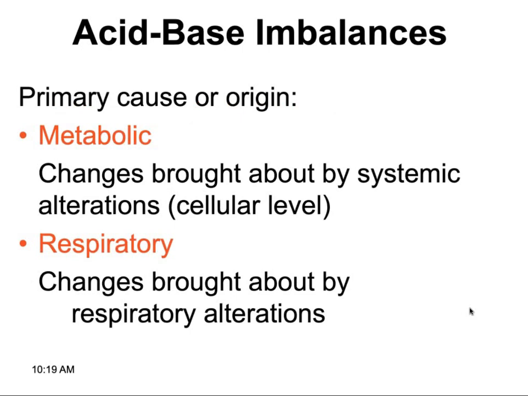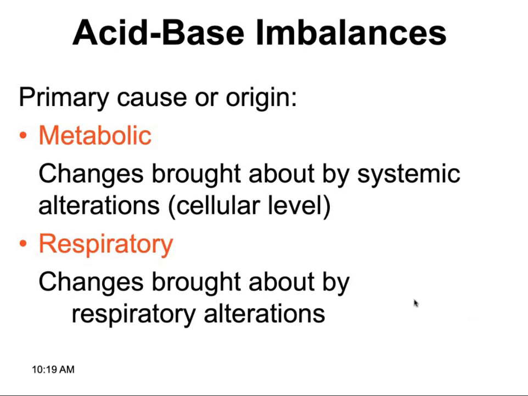Now, we can classify the acid-base imbalances based on their primary cause or origin. Accordingly, we can classify acidosis or alkalosis into two different types. These are metabolic or respiratory. So we have metabolic acidosis, metabolic alkalosis, respiratory acidosis, and respiratory alkalosis.